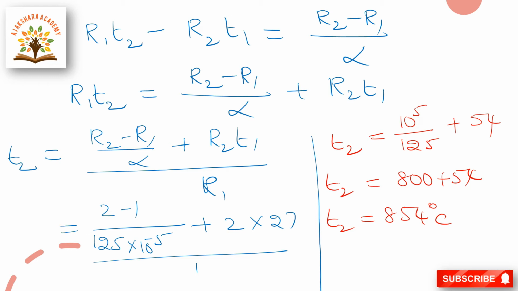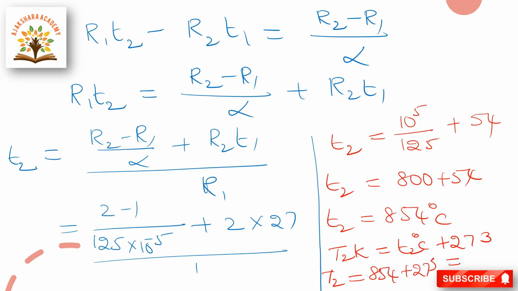Temperature in Kelvin: K is equal to C plus 273. So we are adding, T2 is equal to 854 plus 273.